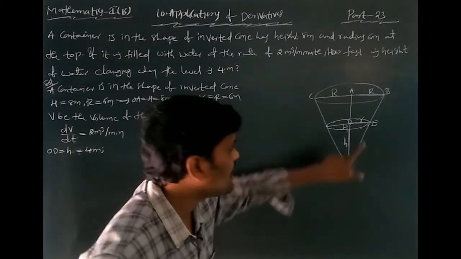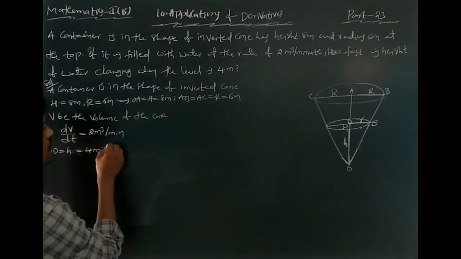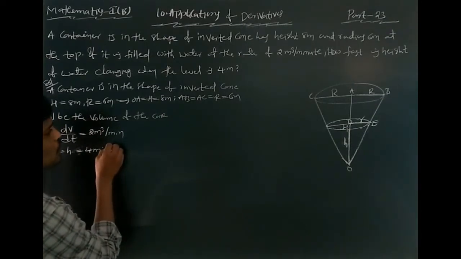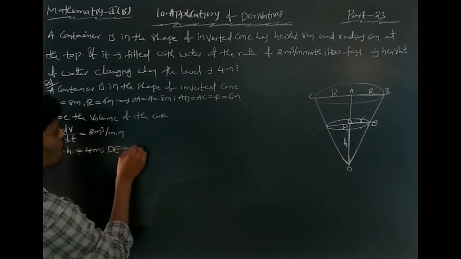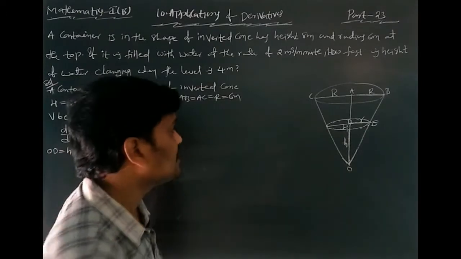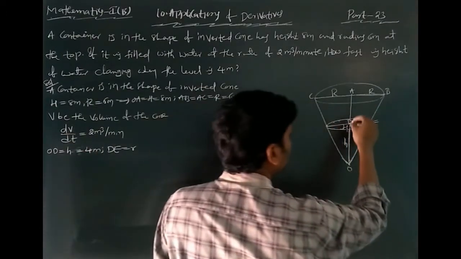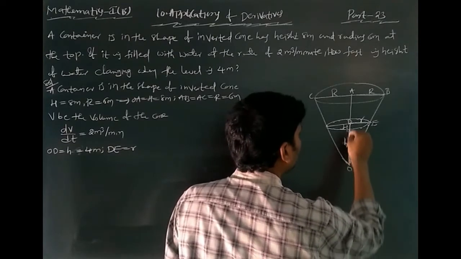Similarly, the radius of the water level is small r, DE equals r. The r value is not given. Next, see students, in this figure, this is triangle ODE.